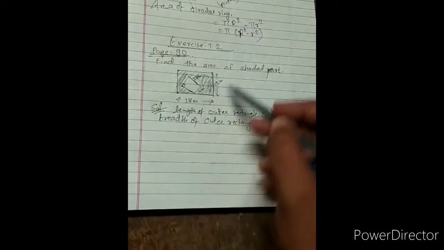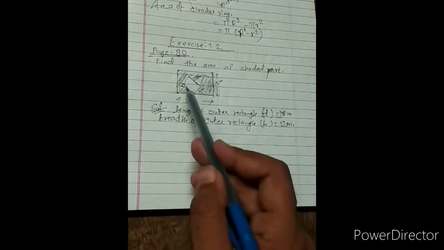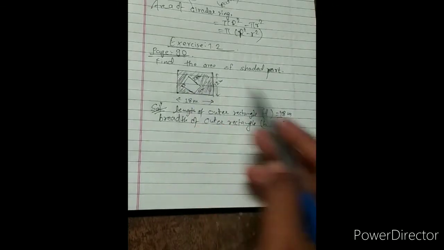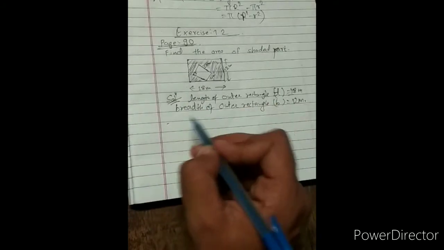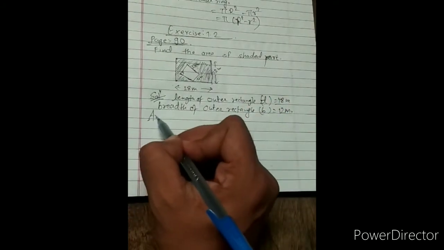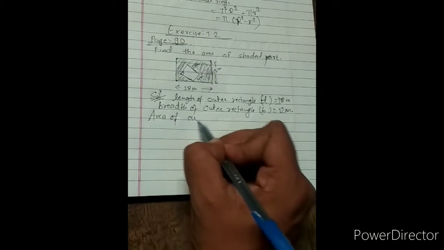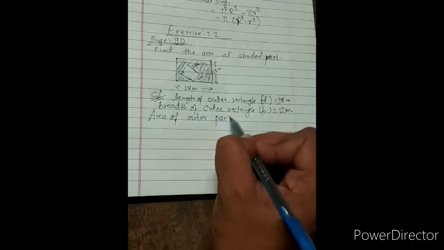Now you can find the area of the outer part, and then you can find the area of the inner part also, and then subtract, you will get the area of the shaded region. Let's find the area of the outer part.